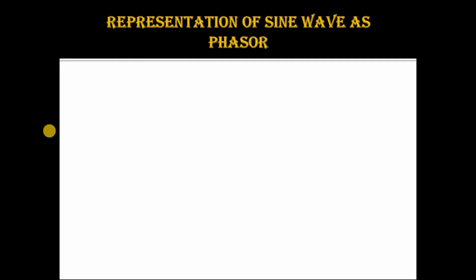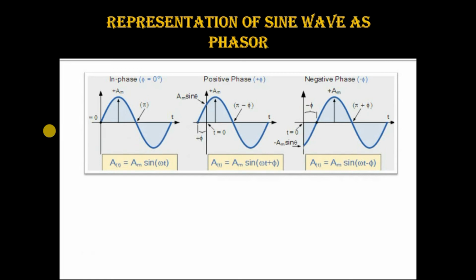Next, how to represent a sine wave as a phasor? Earlier we have studied vector representation of a sine wave. What is the basic concept? Any sine wave can be represented as a vector whose magnitude is equal to the maximum value, and the vector is assumed to be rotating in anti-clockwise direction with an angular velocity omega.